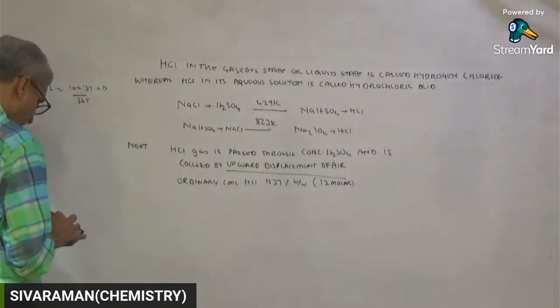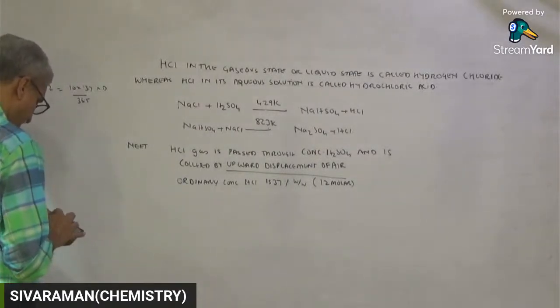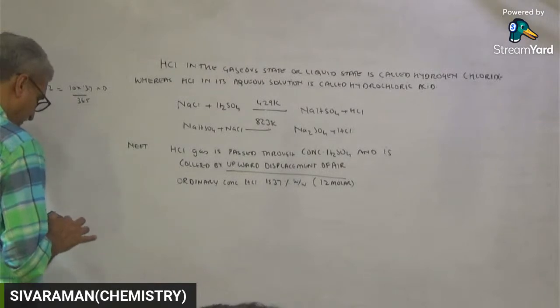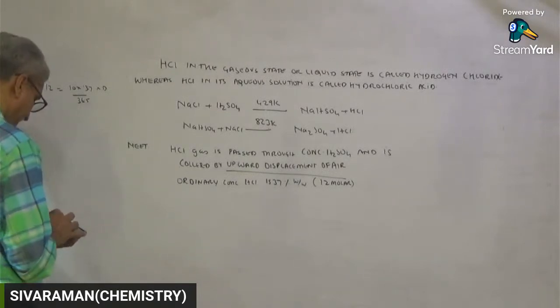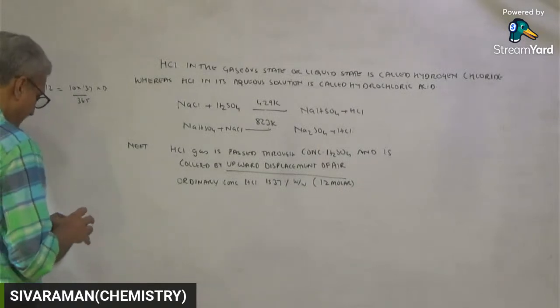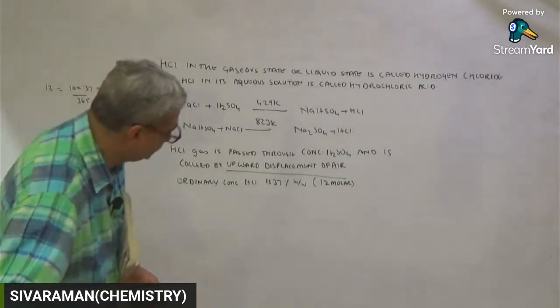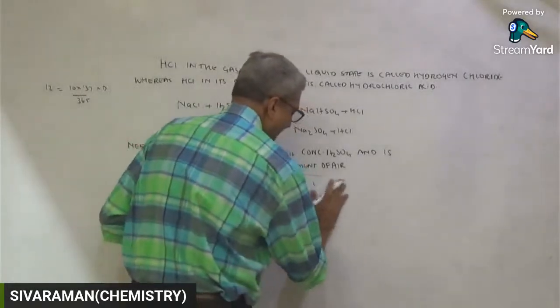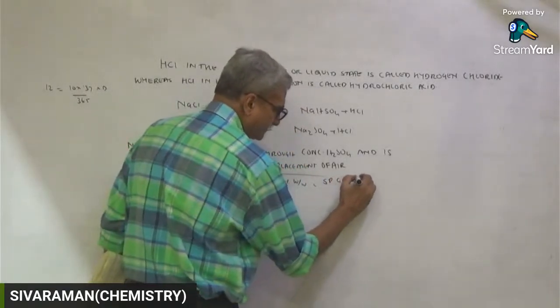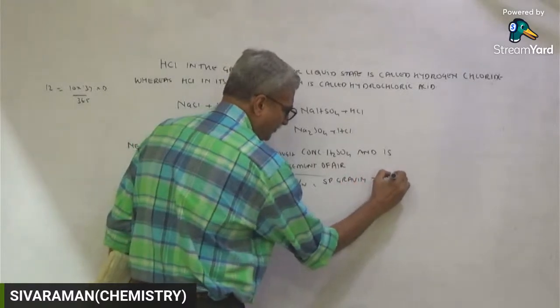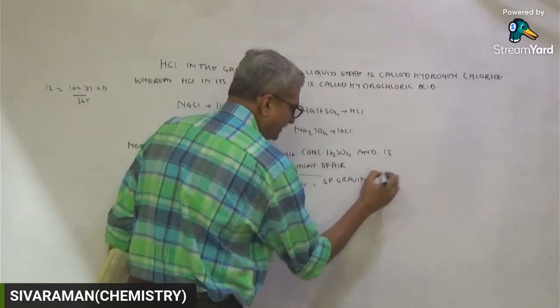So we have 12 into 36.5 divided by 370, which gives 1.183. So specific gravity is 1.183.